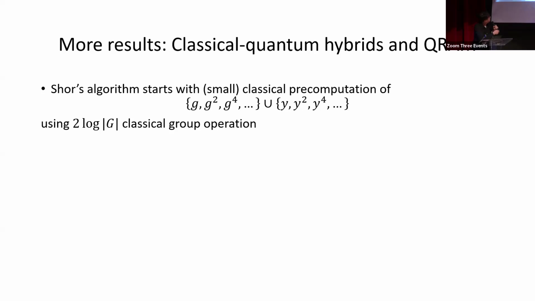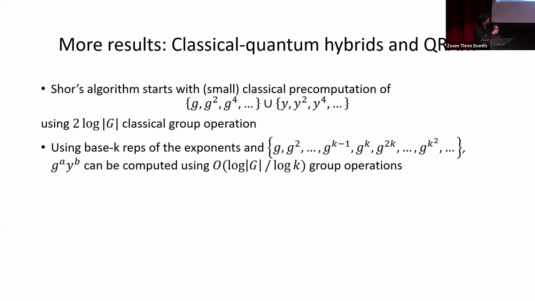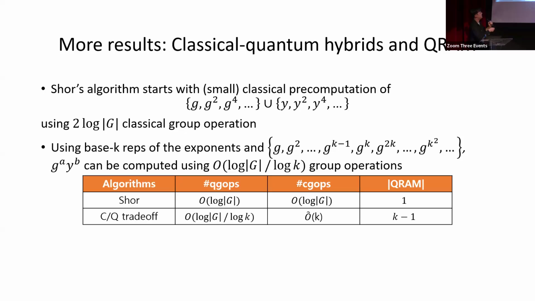To complement this, we can actually do something better by doing a much larger classical pre-computation. Then the quantum group operations are reduced. So this is the summary of the quantum algorithm.